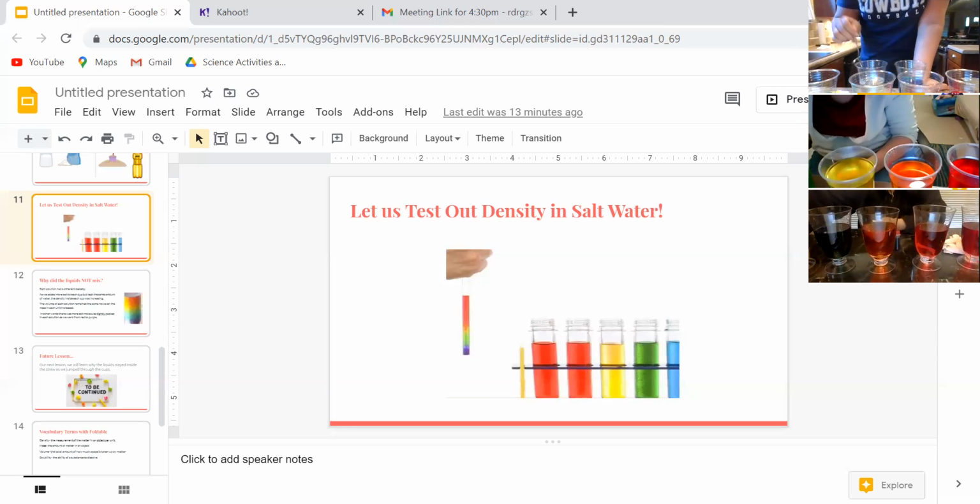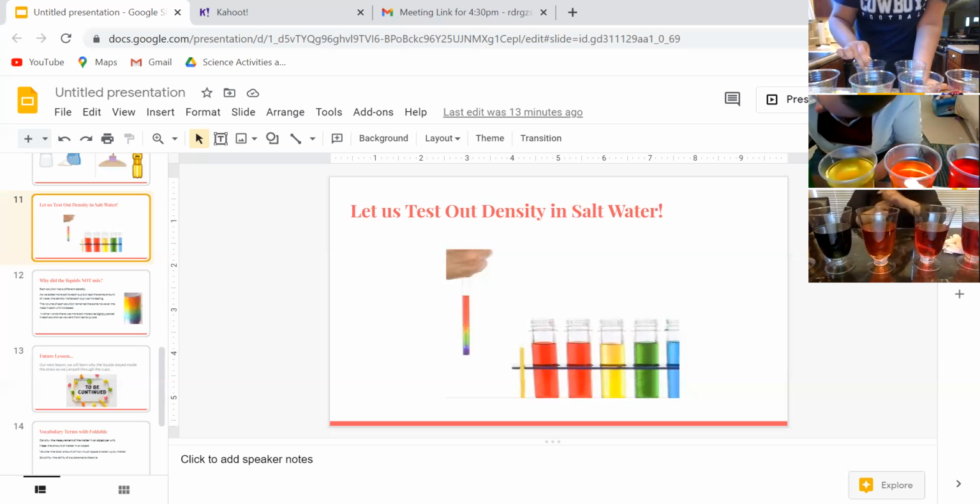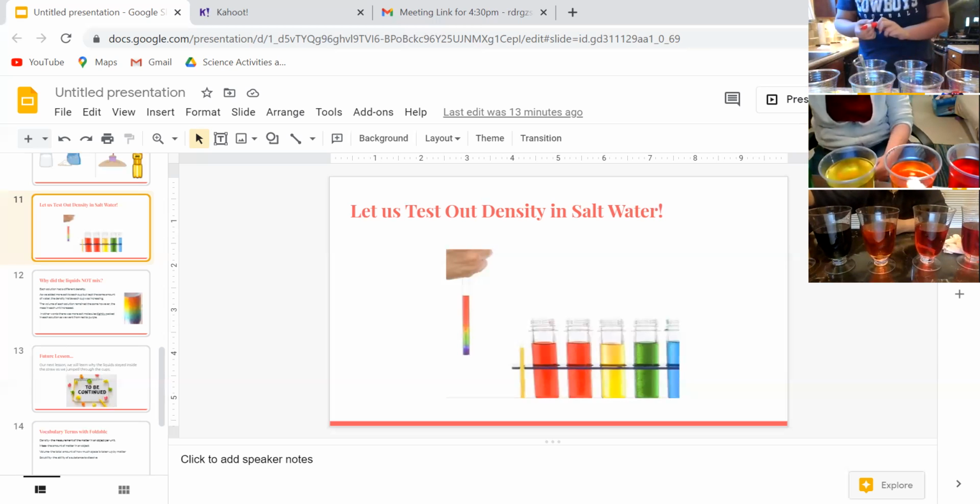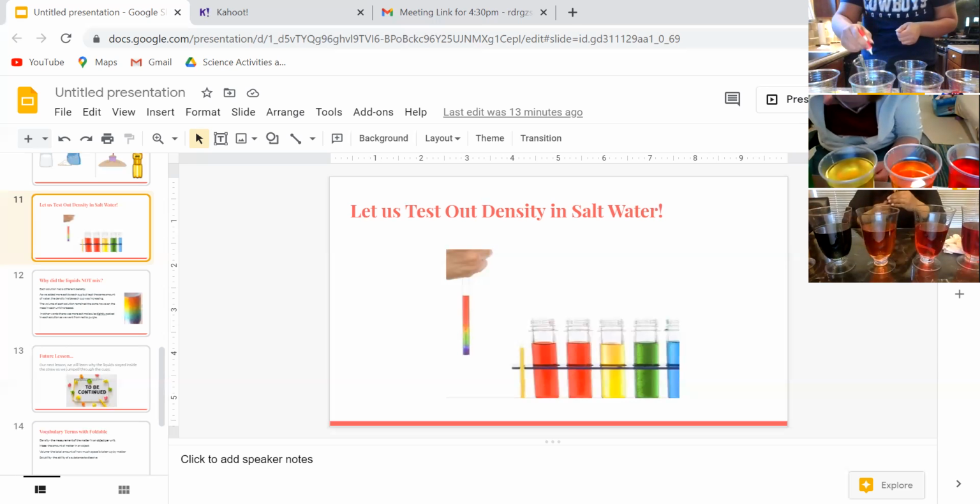And once we have that in there, we're gonna give it a stir. I thought the purple was gonna be prettier. It doesn't look very pretty.